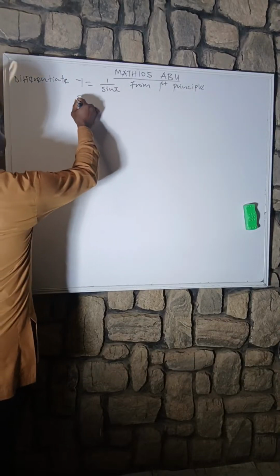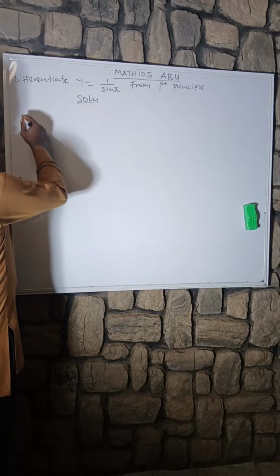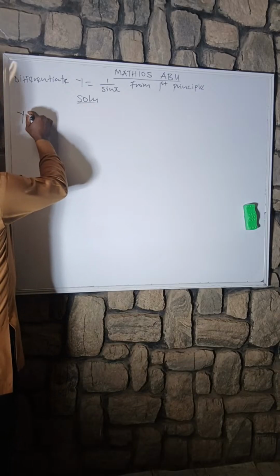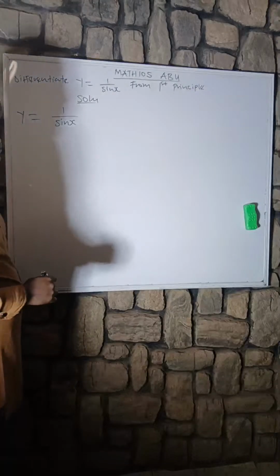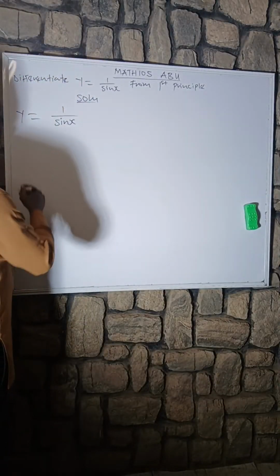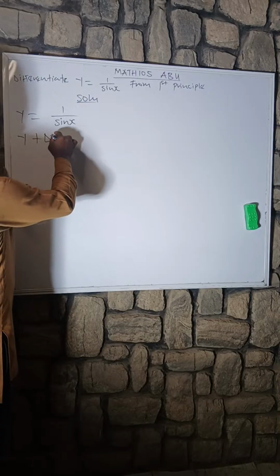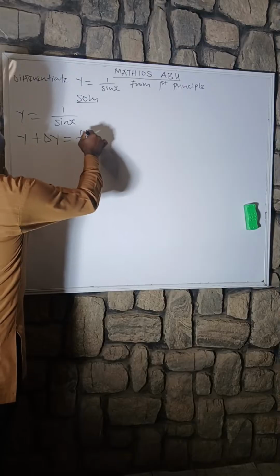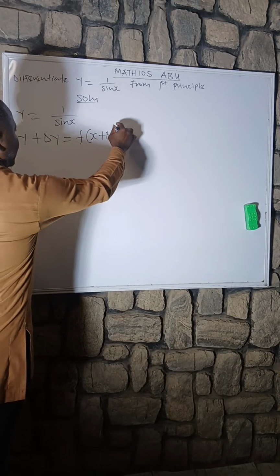Okay, yeah, this is a very simple question. At first, let us write the solution. We are to differentiate this function from first principle, 1 all over sine x, as simple as ABC. From first principle, the formula is y plus dy equals f of x plus dx.